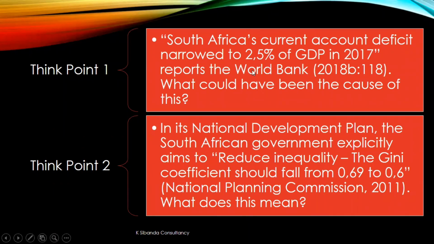As a macroeconomist, you start to think, all right, this statement by the World Bank, what does it mean to South Africa? What could be the possible causes of the current account being in deficit? What is the effect on the economy as a whole? What can the government do?